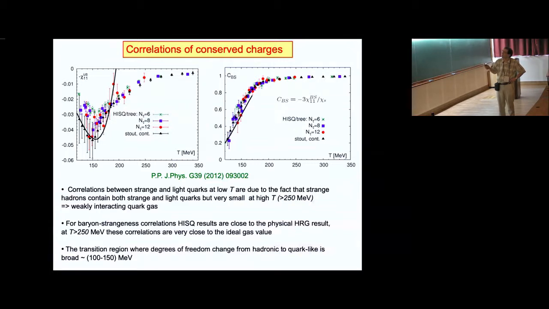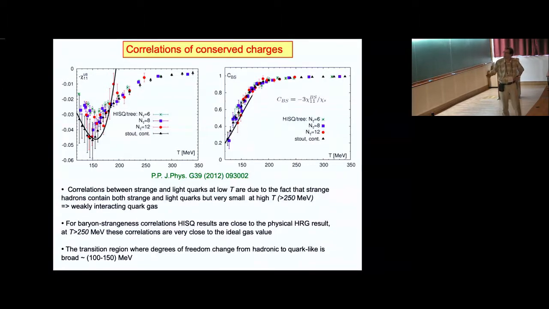At high temperature, you have strange quarks which carry both baryon number and strangeness; namely, they carry 1 unit of baryon number and 1 unit of strangeness. Therefore, if you take this combination, the correlation between baryon number and strangeness divided by the fluctuation of strangeness itself, times 3, it should approach 1 if you go to a quark gas, and that's exactly what you see in the lattice results.